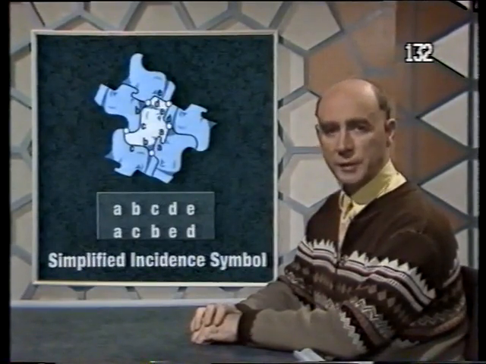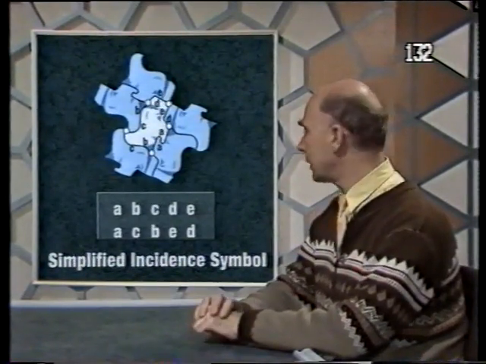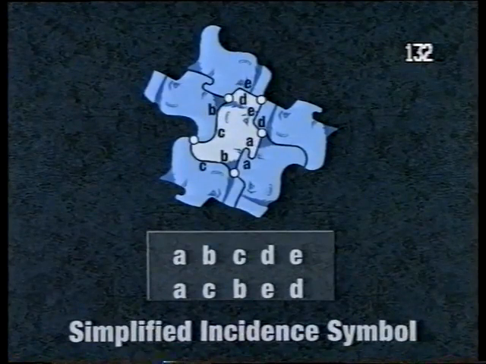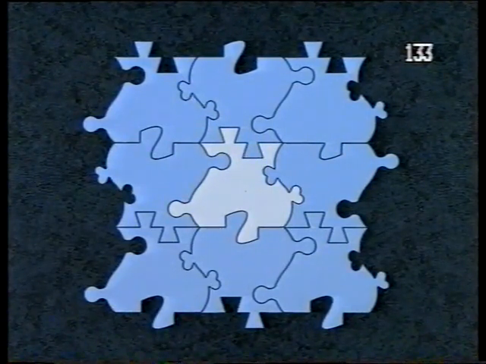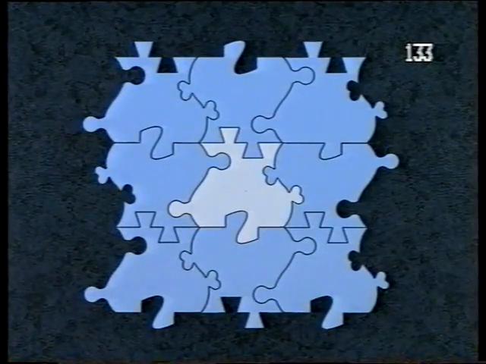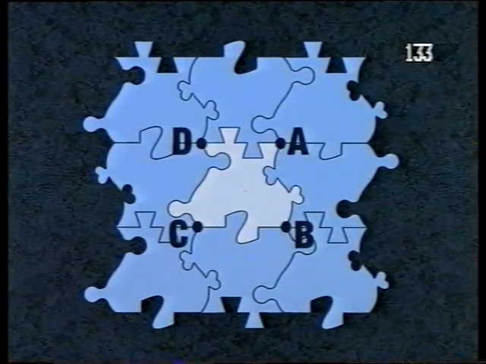We've already constructed a simplified incidence symbol for our cartoon jigsaw tiling. If we do the same for our first jigsaw tiling, we can then move towards a more rigorous definition of incidence symbol. The perimeter of each piece has 4 segments. In fact, its adjacency type is 4, 4, 4, 4. We'll label the vertices of the reference piece A to D, and the edges little a to little d.